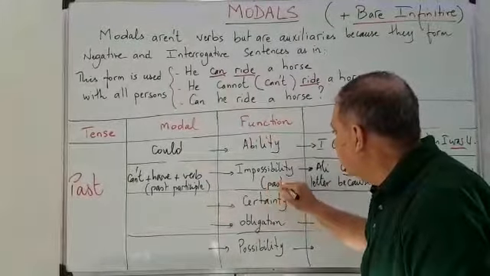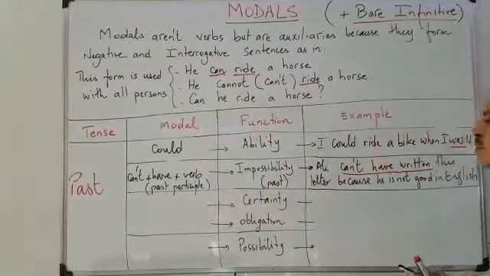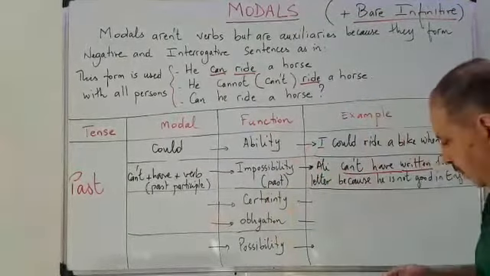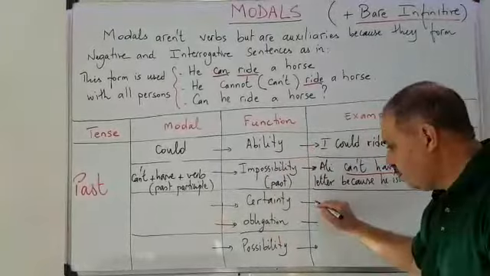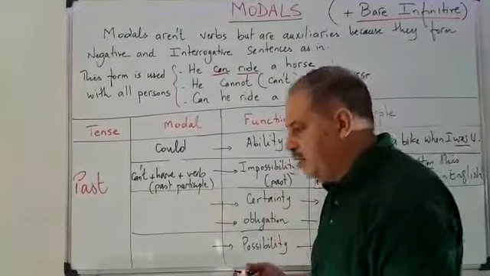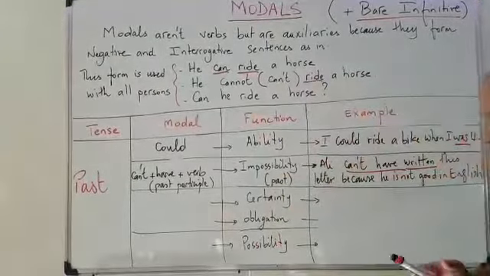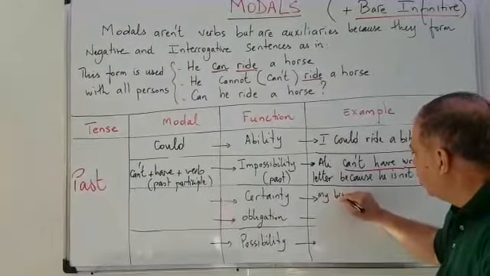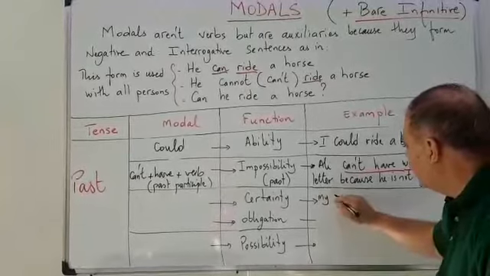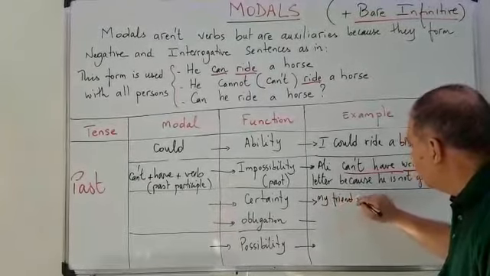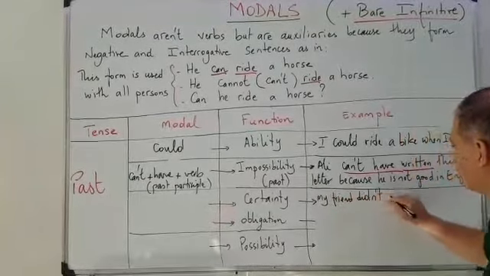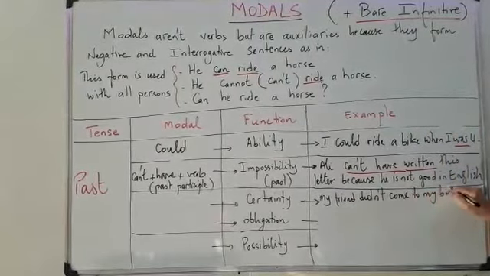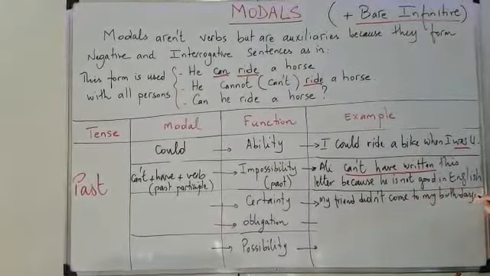Now let's move to certainty in the past. Certainty, اليقين. For example: my friend didn't come to my birthday.